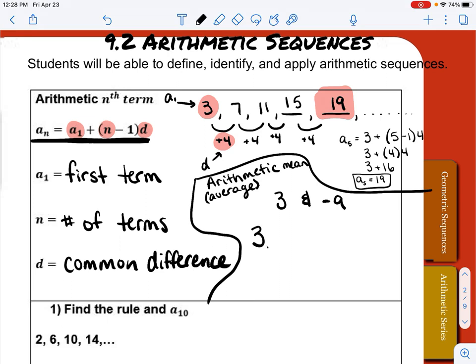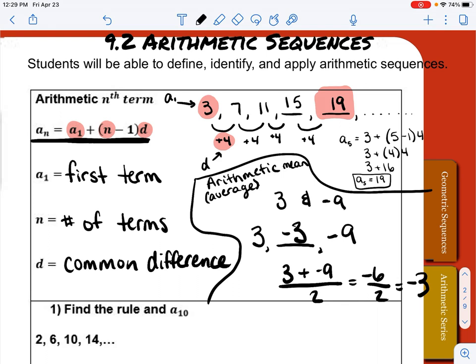Or it might say what number is between 3 and negative 9 in this sequence? The way you can solve for this is actually just taking the arithmetic mean. Arithmetic mean is what we've done since middle school probably. We add our numbers and then divide by how many there are. So we have 2 numbers, we add them, and then we divide by 2. And we end up getting negative 3.